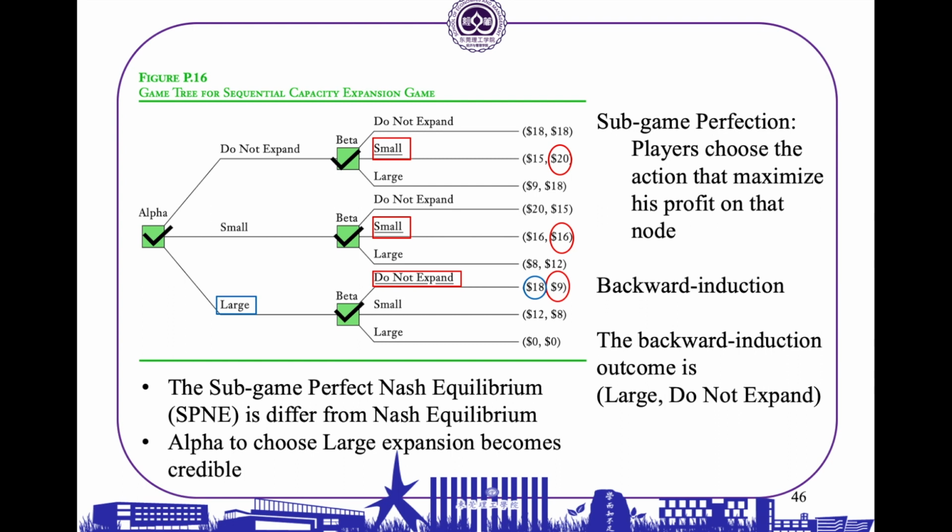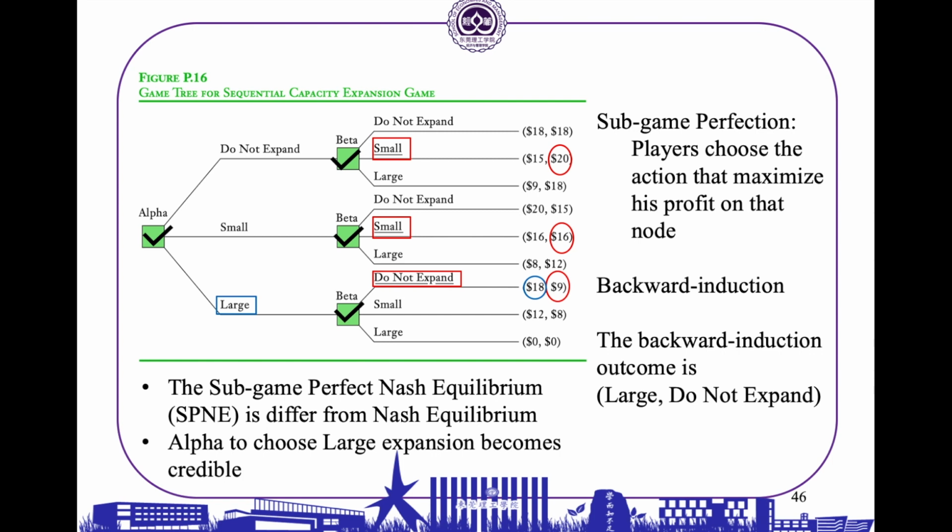Even though alpha might threaten beta to choose do not expand before the game starts, this is an incredible threat once the game starts. You can check this point by considering if you are beta and you received this kind of threat without observing alpha's decision. This is why this kind of simultaneous moving game is called the prisoner's dilemma.